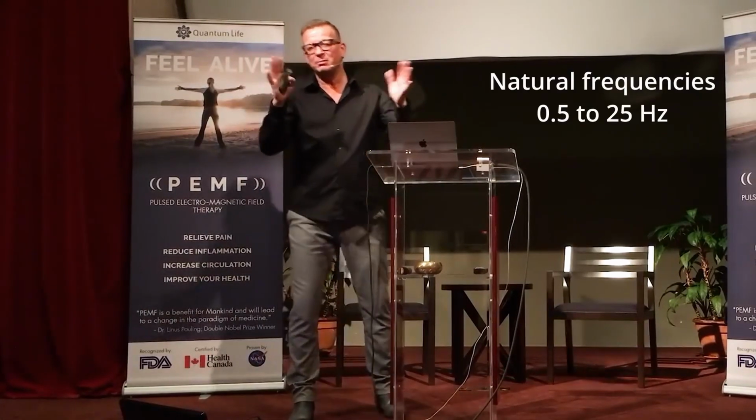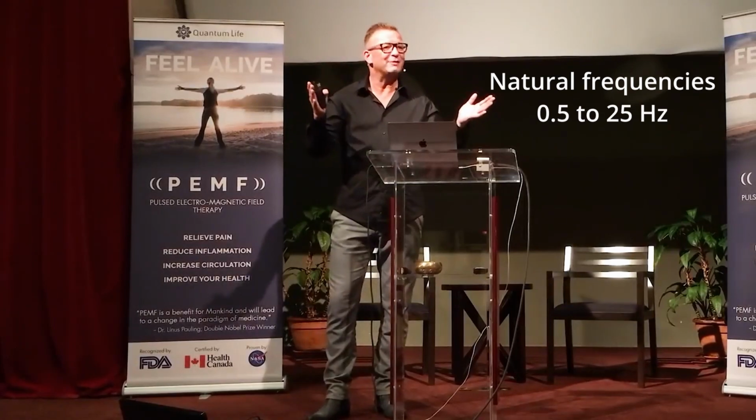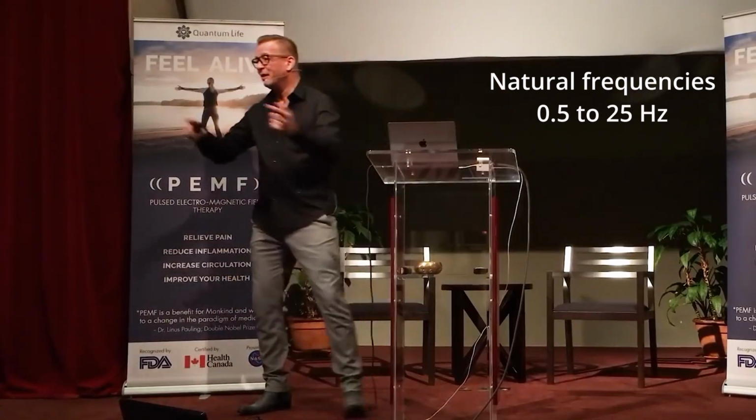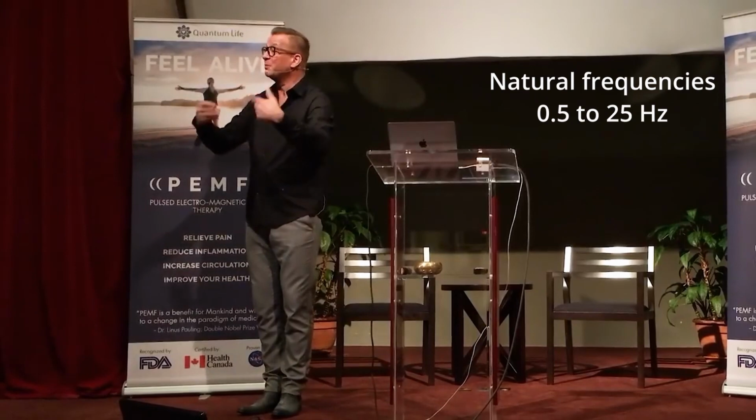So you can probably imagine that when all these natural frequencies meet each other, they literally create an orchestra, a symphony of frequencies, which, again, are surrounding us. And which all, and that's interesting, are all in the range between more or less 0.5 to 25 Hertz. 0.5 to 25 cycles per second.